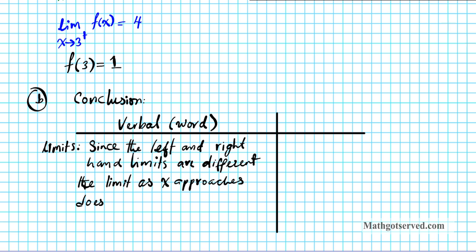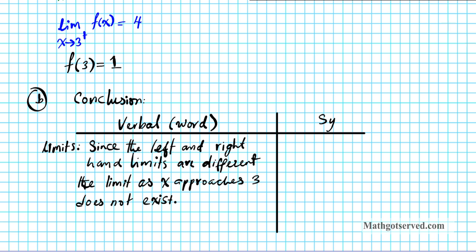Okay, does not exist. So basically, if there is no statement of directionality, the assumption is we're looking at both directions. Okay, so since the left and right hand limits are different, the limit as x approaches 3 does not exist. All right, so this is in word form.